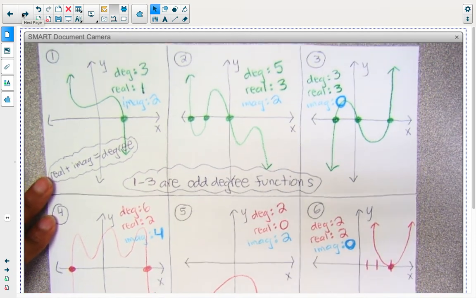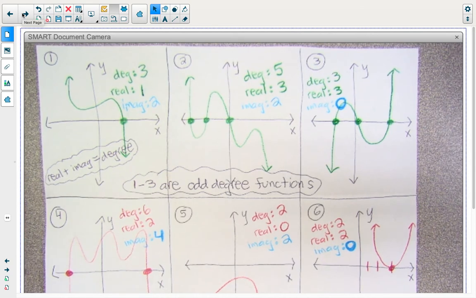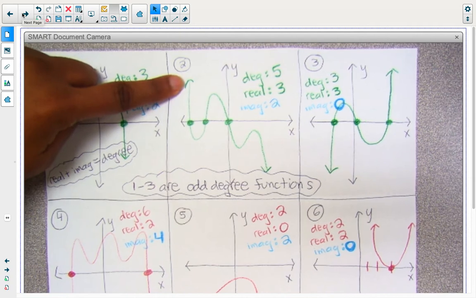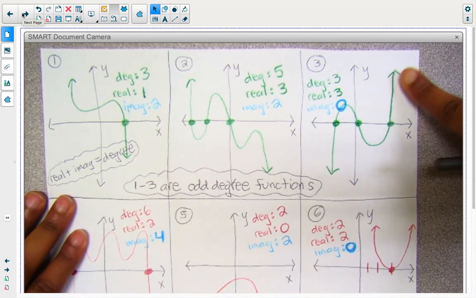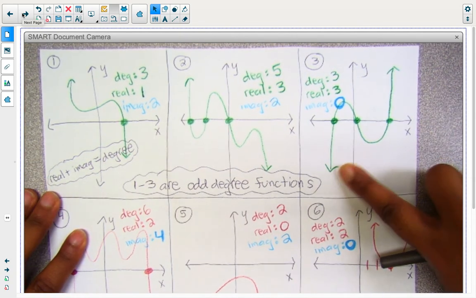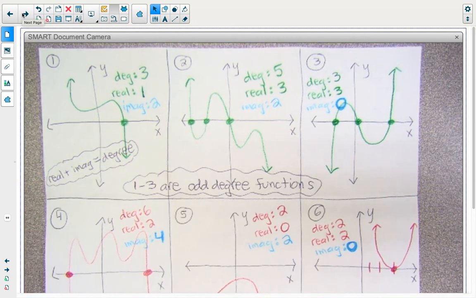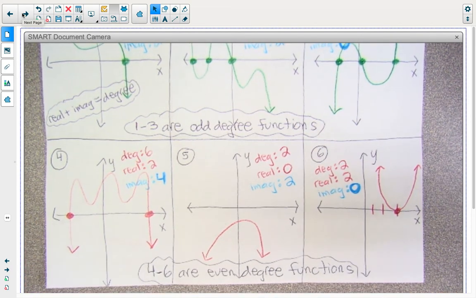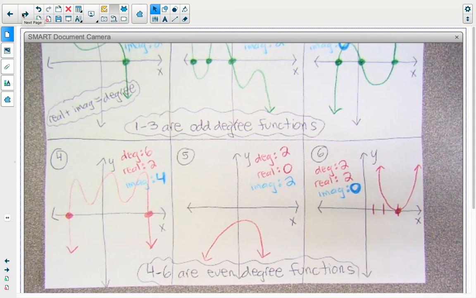If you look at your end behavior for an odd function, 1 is up, 1 is down. 1 is up, 1 is down. 1 is up, 1 is down. So for all odd degree functions, your end behavior, 1's going to be up and 1's going to be down. If I compare that to an even degree function, they're either both going to be up or both going to be down.